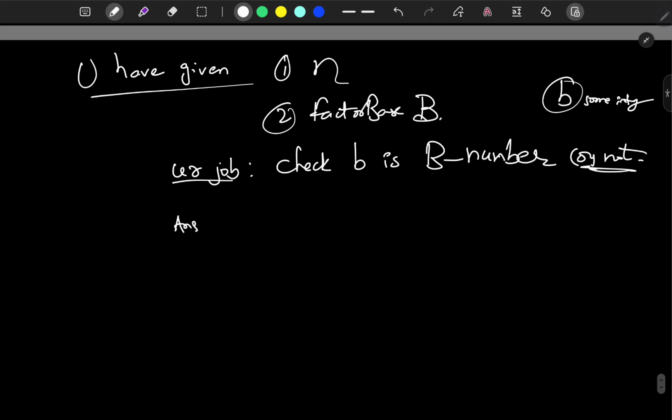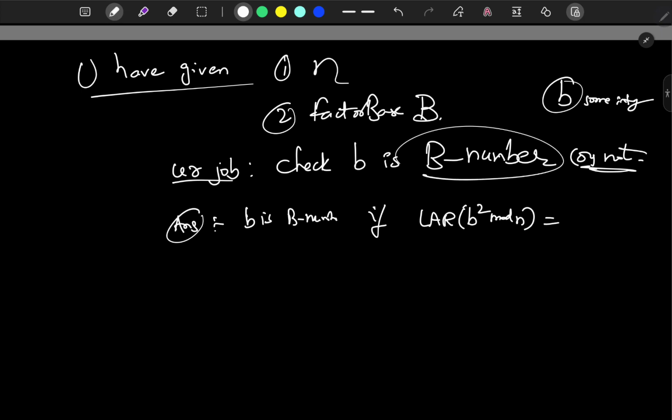How to check? b is a B-number if you are able to express the LAR of b square mod n in the factor base.